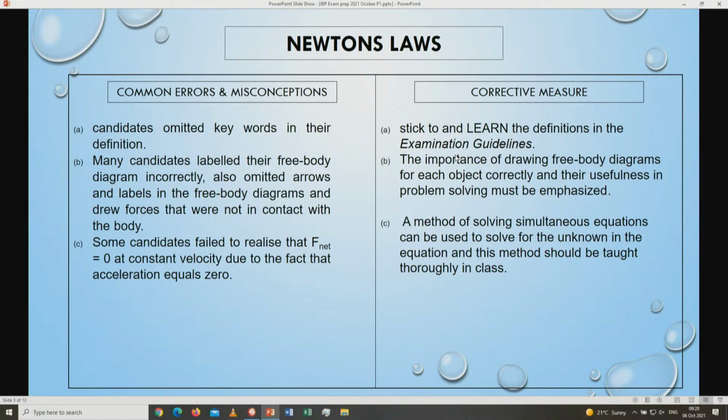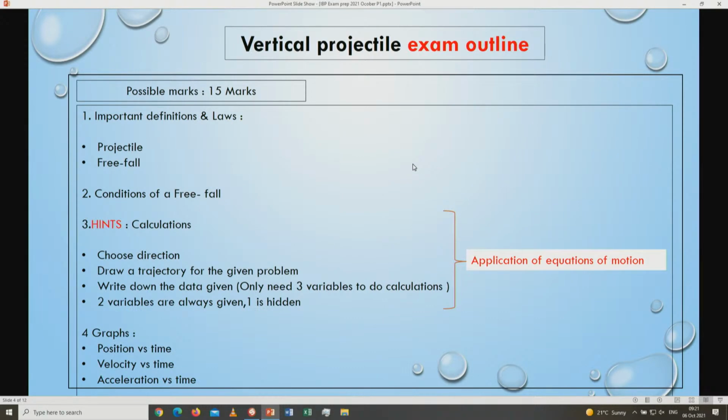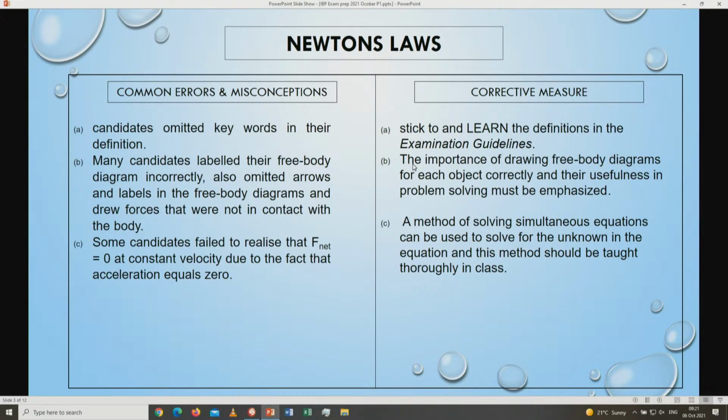So we don't use the definitions from the textbook, we don't use the definitions we got from certain materials, but we only use definitions that come from the exam guideline. Then many candidates labeled their free body diagrams incorrectly, omitted arrows and labels in the free body diagrams, and drew forces that were not in contact with the body.